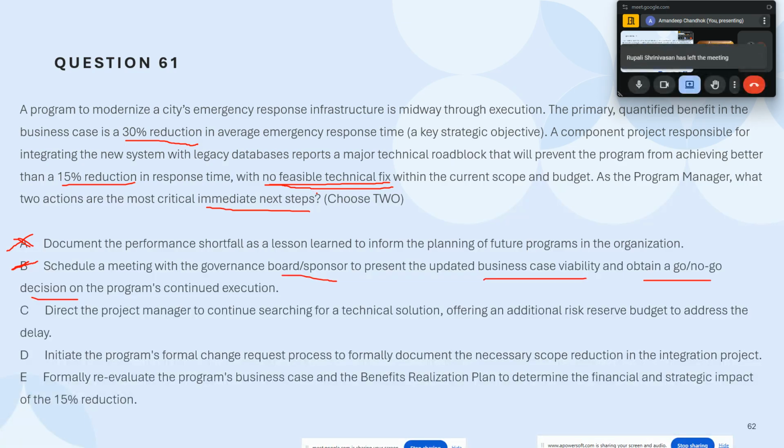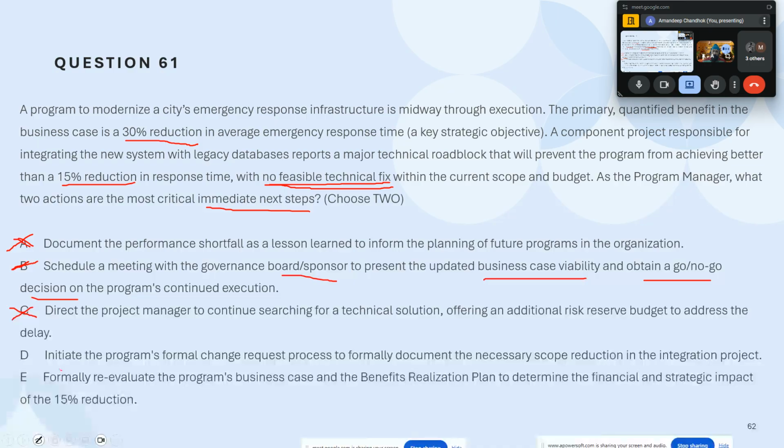When the question itself clearly tells you there is no technical feasibility and no way you can fix it, why would you keep asking the project manager to continue searching? So be mindful, read these keywords before you decide on an answer. This option goes out of the window.